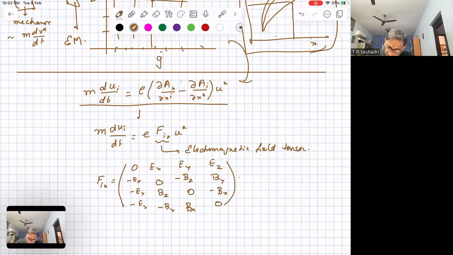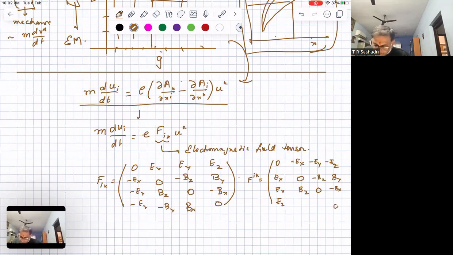And if you use eta ik, then the upper F ik will be given by 0, minus Ex, minus Ey, minus Ez, Ex, Ey, Ez, minus Bz, By, Bz, 0, minus Bx, and this is 0, this is Bx, minus By.